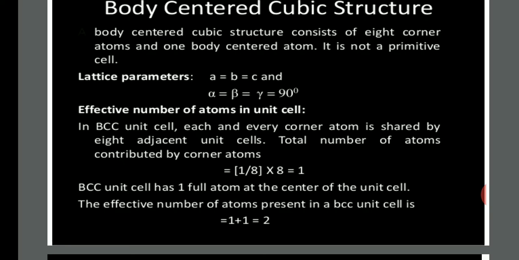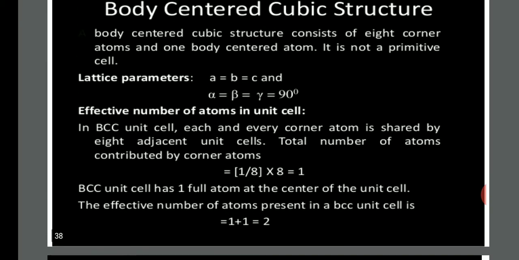Now effective number of atoms in a unit cell. In a BCC unit cell, each and every corner atom is shared by 8 adjacent unit cells. So total number of atoms contributed by corner atoms is 1 by 8 into 8 equals 1. The BCC unit cell has one full atom at the center of the unit cell.